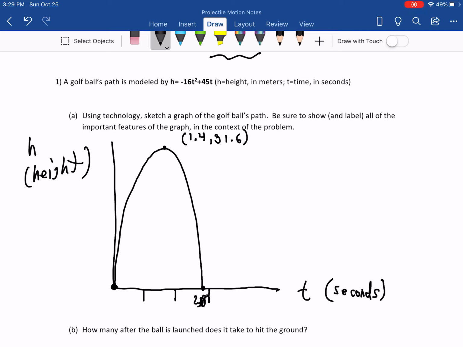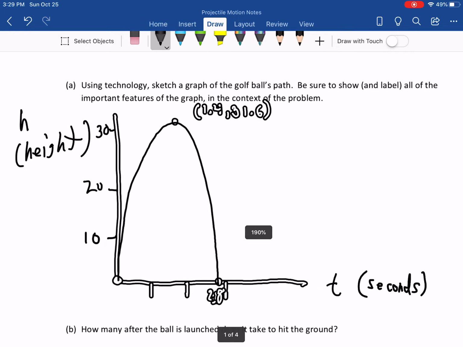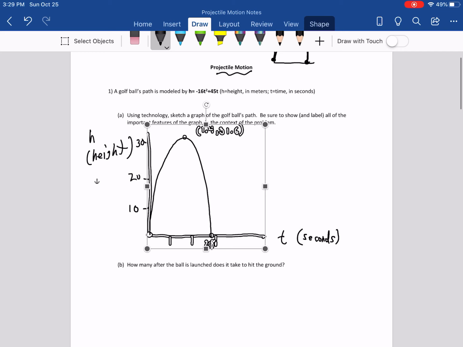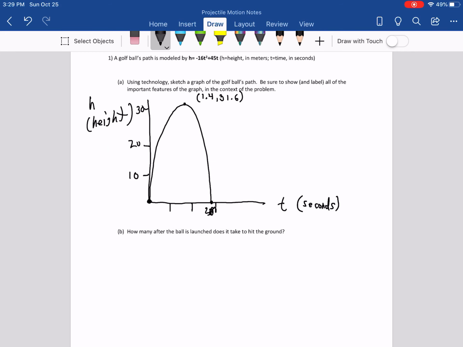Okay, so let's say this is a 31. So let's say 30 right over here. 20, 10. Okay, so this is a rough graph showing the path of the golf ball.